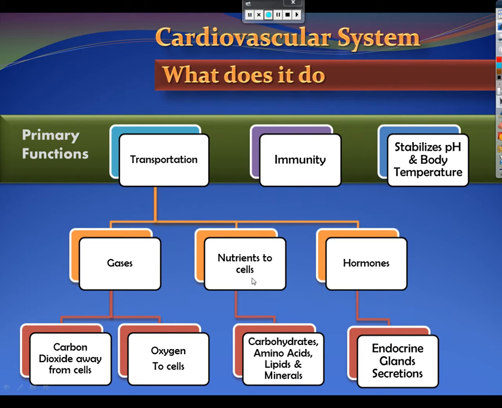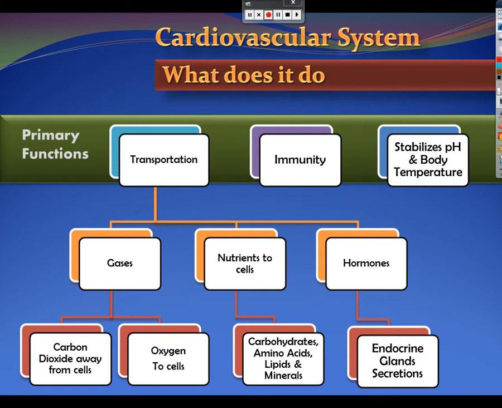It's also going to transport nutrients to cells. We talked about diffusion, when something is going to permeate through that membrane. Well, through diffusion, nutrients can get into the cells by diffusing through your capillaries, by diffusing through your blood vessels.